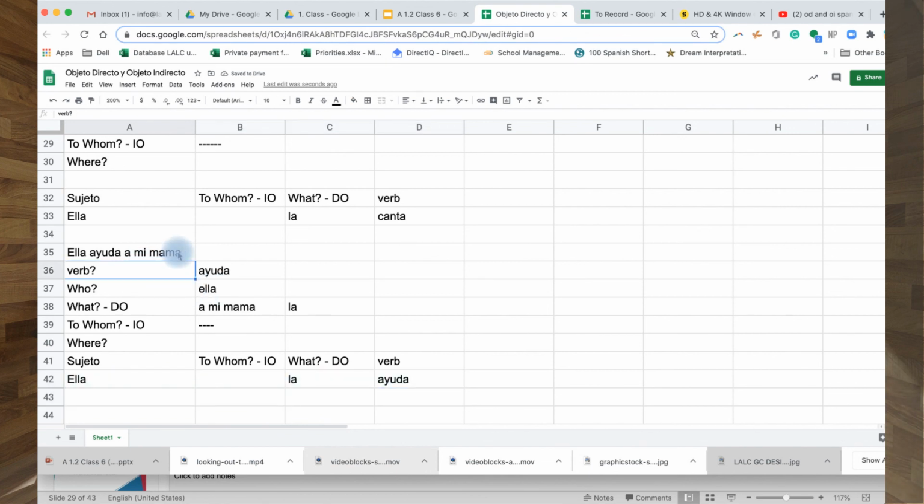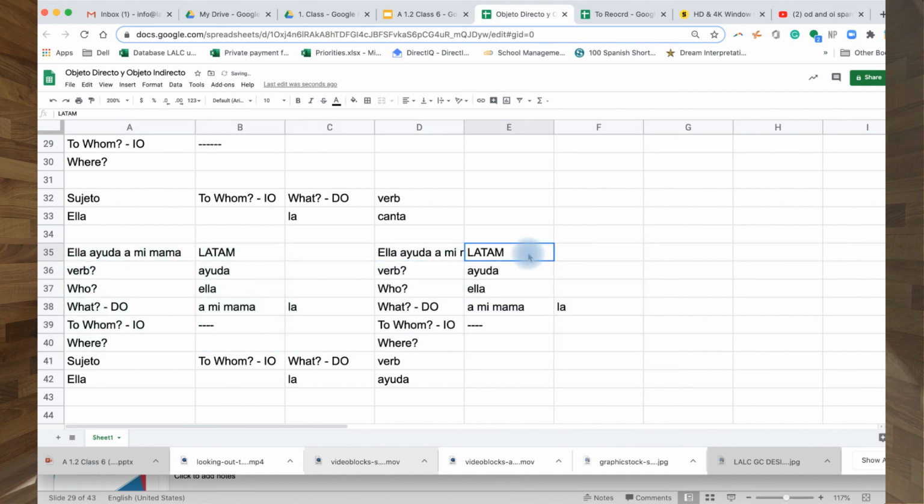In Spain, this is how they take it. So I'm going to say Latam, Latin America, and let's do Spain. In Spain, they take it like this. So this is all the same. Who helps? Ella. A mi mamá. But in Spain they say there's no direct object, and they ask to whom is helping. So it depends which Spanish you're learning, right? To whom, a mi mamá.